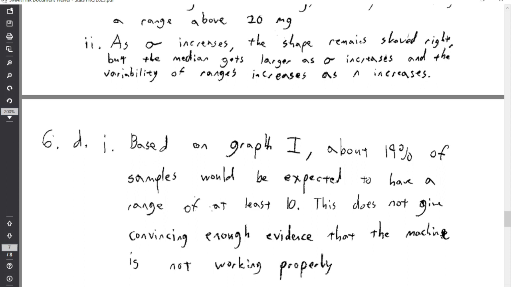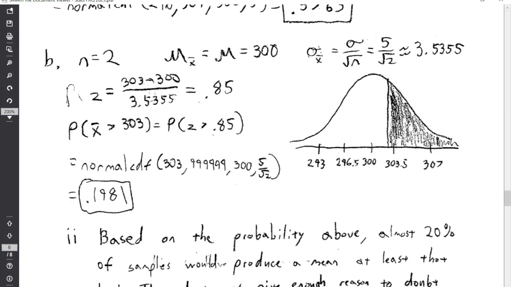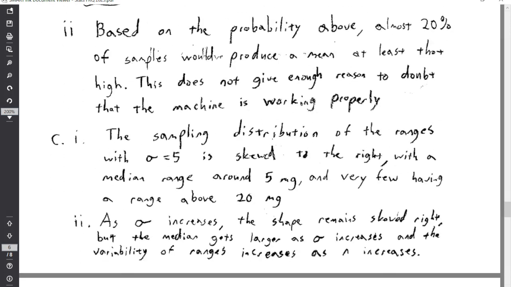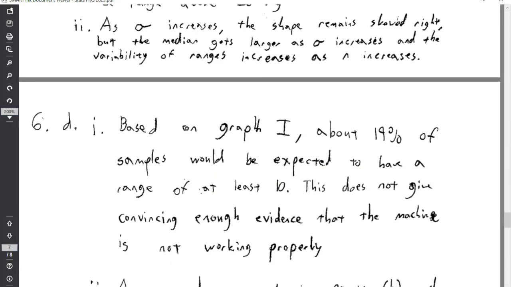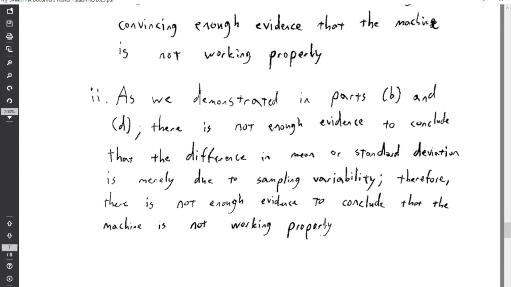So the idea in the final part of this question is that you made a determination in part B based on the probability that you got in part B, this probability up here, the 0.1981, and you calculated a proportion and how unusual the 10 was. And based on that, making a conclusion about whether those two put together give us reason to doubt that the machine is working properly.